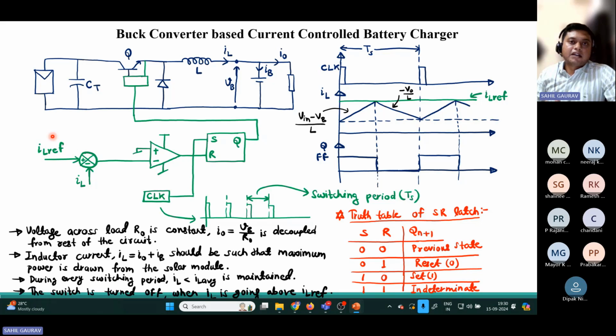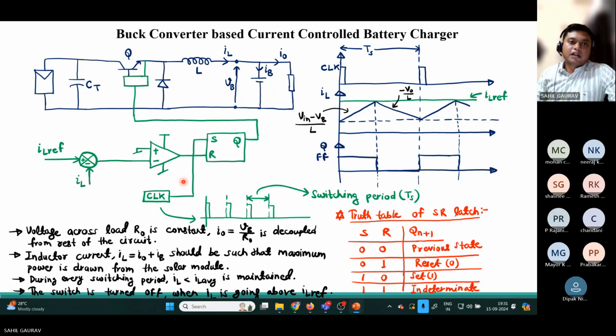You have to provide some reference value, IL reference, and then you have to sense the output current of the converter IL, compare it using this op-amp or comparator, and then provide it to this SR latch. The output of the SR latch will provide the signal to turn on or turn off the switch.